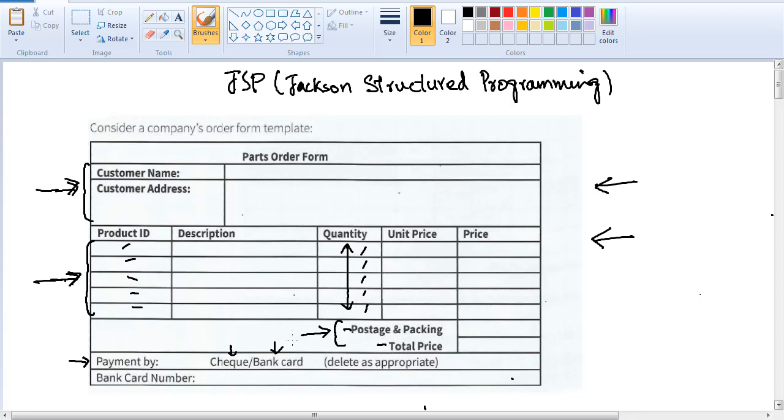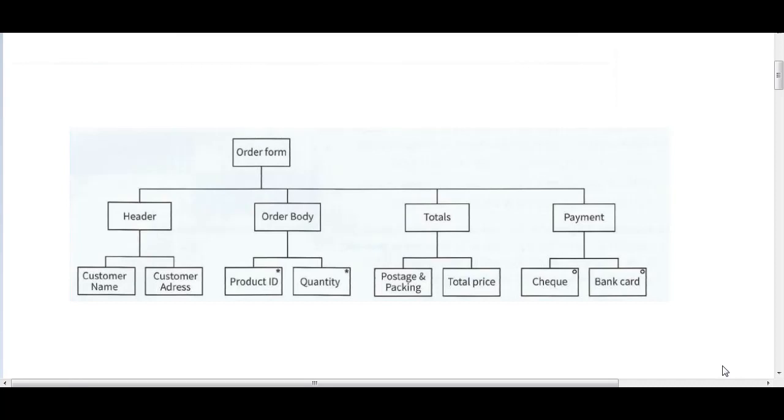Okay, let's quickly take a look at the solution diagram, try and understand it, and then we're going to be doing some more problems. Okay, so this is our Jackson structured data diagram for the order form that we just saw. As you can see here, at the top level he's explained that this problem is about the order form, right?